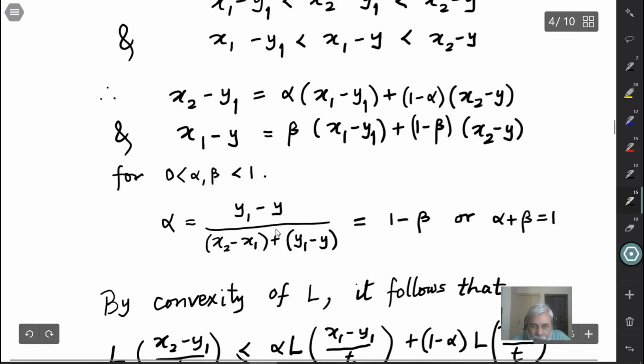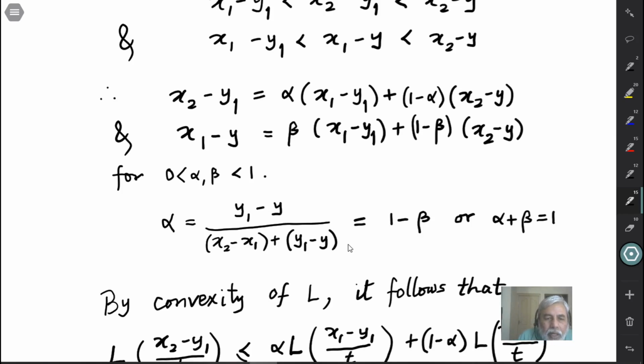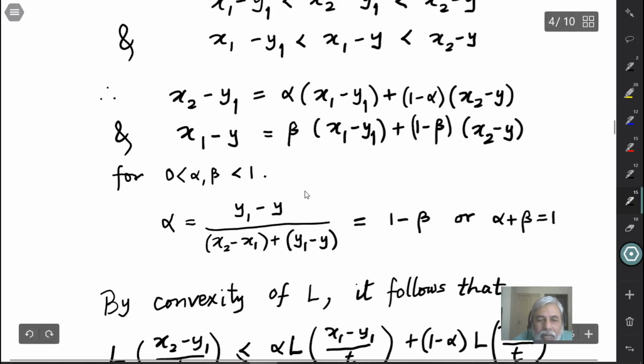Okay. A simple computation shows that this alpha is equal to (y1 minus y) over (x2 minus x1 plus y1 minus y). By the choice of x1, x2, y and y1, we immediately see that this alpha and beta both lie in the open interval (0, 1).